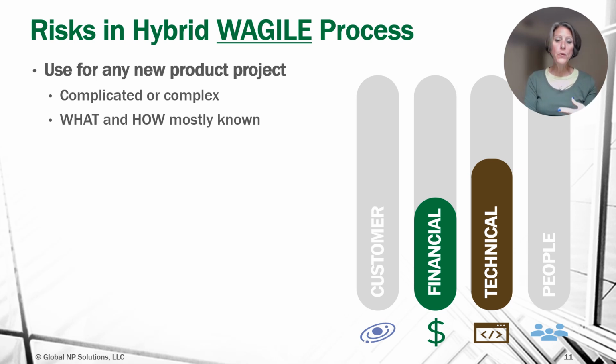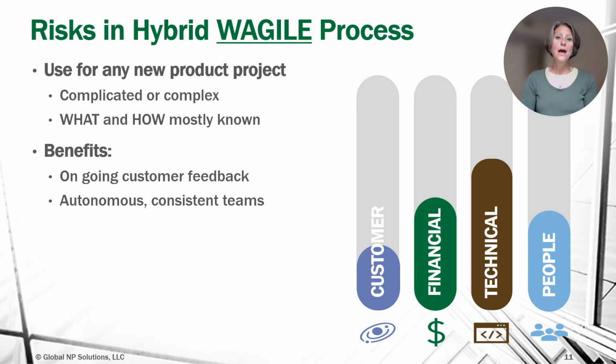And generally, we know what and how we're going to do the work. We know what product we'd like to develop. And so this gives us sort of a medium risk level for financial and technical risks. The benefit of WAGILE is that it requires at every gate review to have customer feedback, real customer inputs.